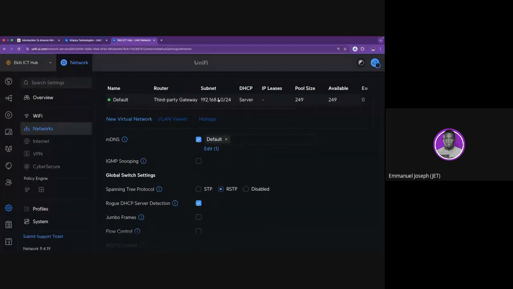So it means those two IPs are not usable. I think you should have gotten that from the first videos. So you can't use 0, neither can you assign 255 to someone.